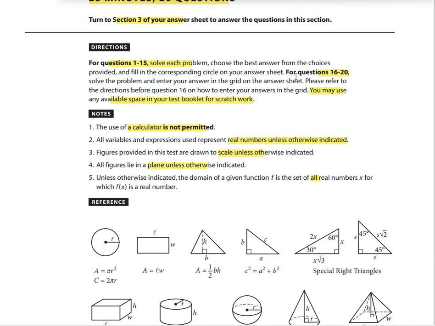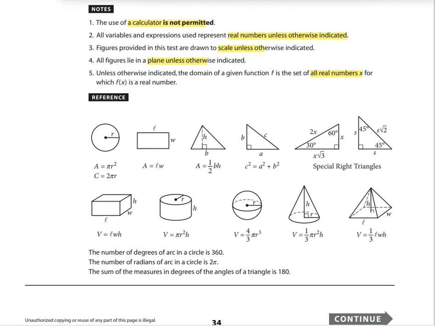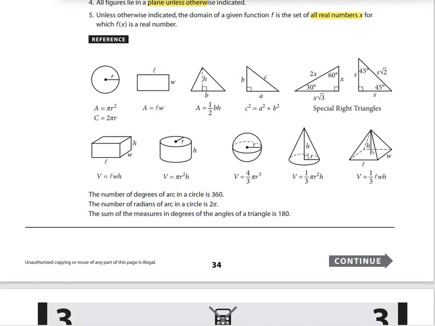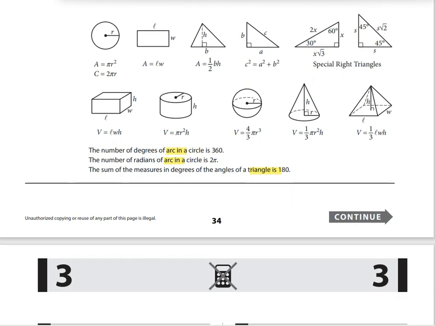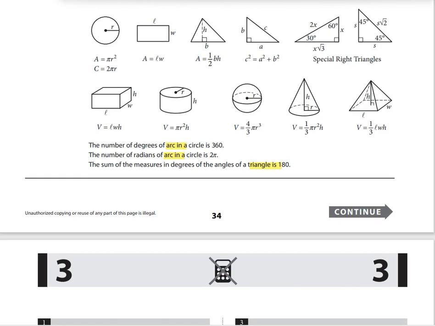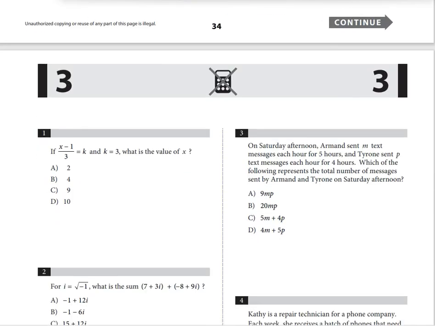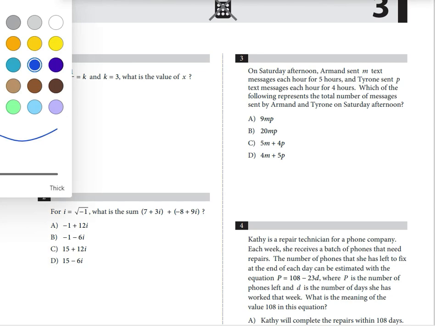You get a reference sheet with a good amount of formulas for area and volume, and some information regarding arcs for circles, radians, and triangle angle measures. It's decent information to reference at the beginning of the test. All right, let's get into our test and our problems and start solving some of these.